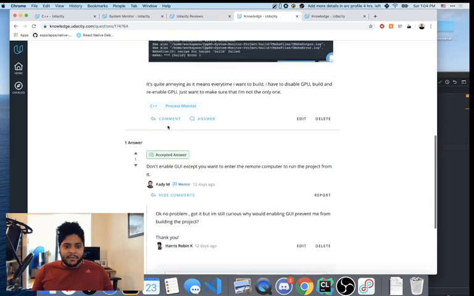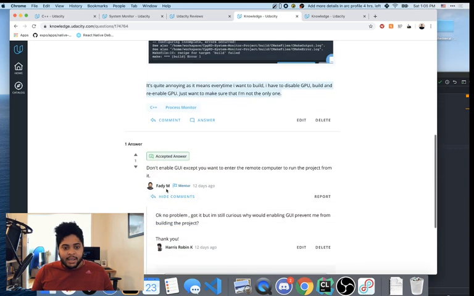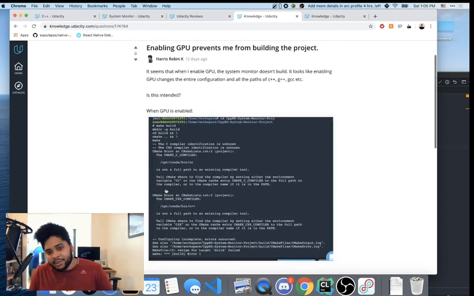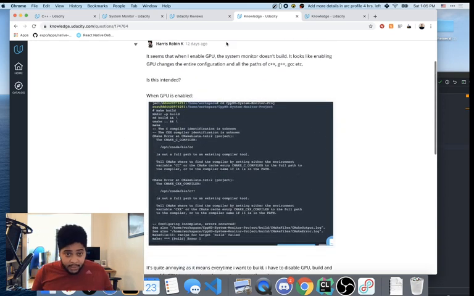Just out of curiosity, why do I have to disable it? I don't really get an answer to my question. I'm told instead, don't enable GUI except you want to enter the remote computer to run the project from it. Okay, again, that didn't answer my question as to why enabling GPU would stop me from building code, but okay, fine. Don't enable GUI, I won't do that. Cool.